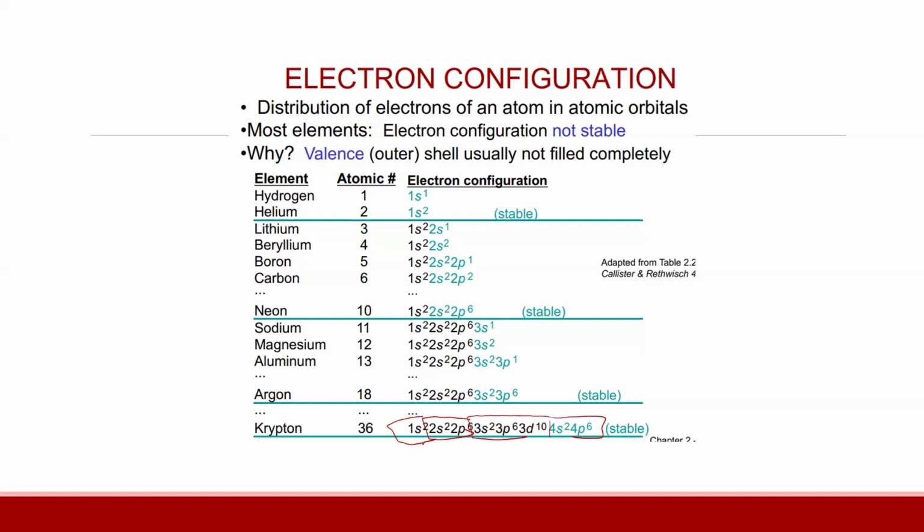Okay, what we call that here, they say stable. What do we mean by stable? Stable means your outermost shell is completed. So we know S, P, D. You can see this one.